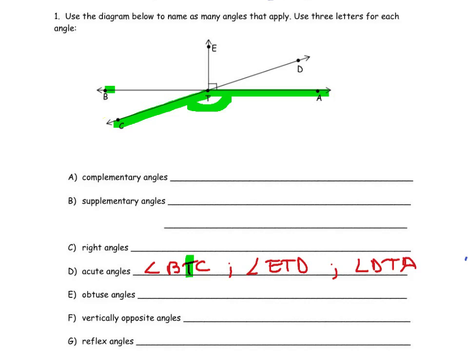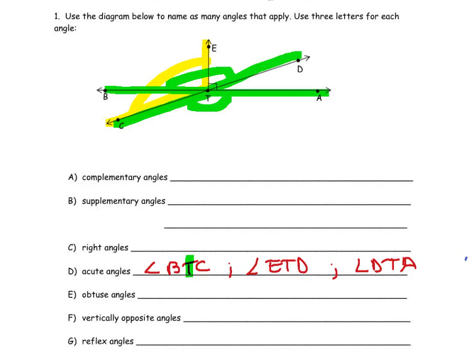You could also see angle BTD. That angle there is also obtuse. Then if you're thinking a little bit differently, perhaps this one, angle CTE. Those 2 angles put together.